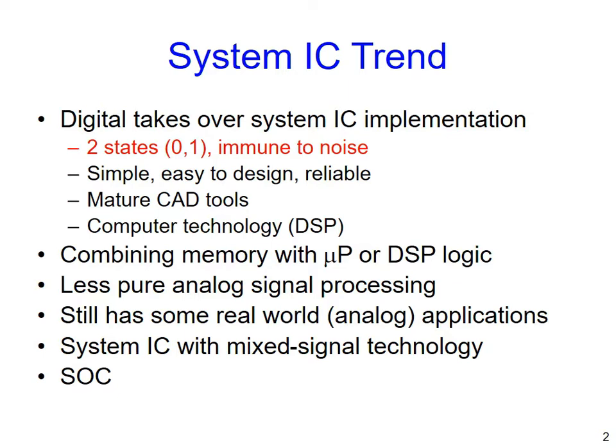From the very beginning, I would like to say that nowadays, we hope to integrate everything on the same chip. So if you can, we will have the so-called system on a chip, 系统晶片, just like what you have for your mobile phones.